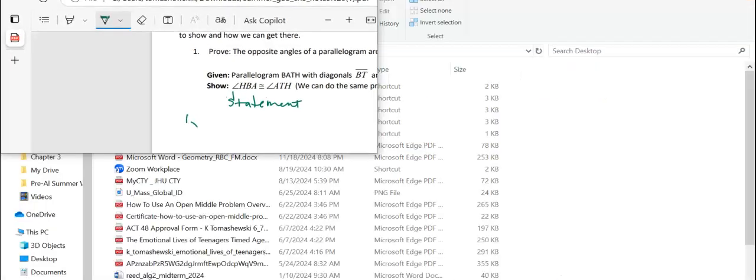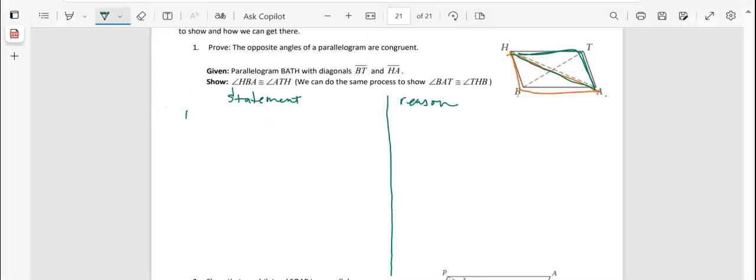So again, my first statement is just to say that I have parallelogram BATH, diagonals BT and HA. If I was given more detail about the diagonals, I might write it as a separate step, but this is just kind of acknowledging their existence. So I'm going to just go ahead and put it in the same step.